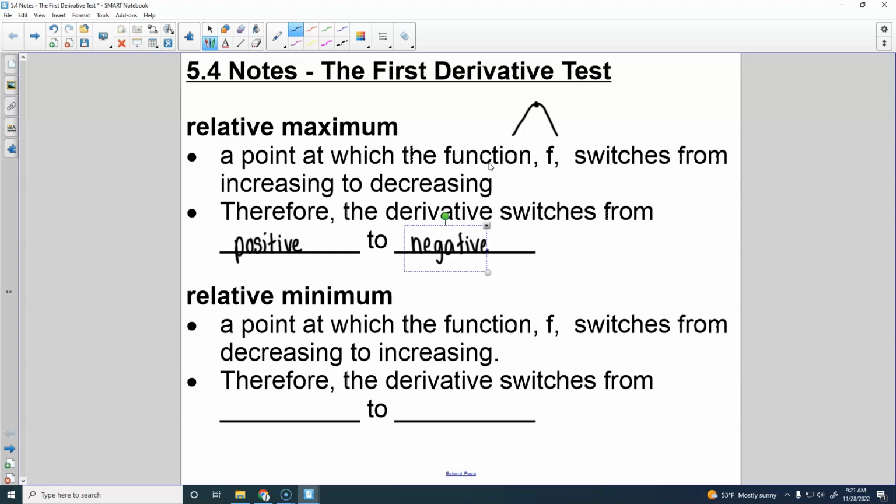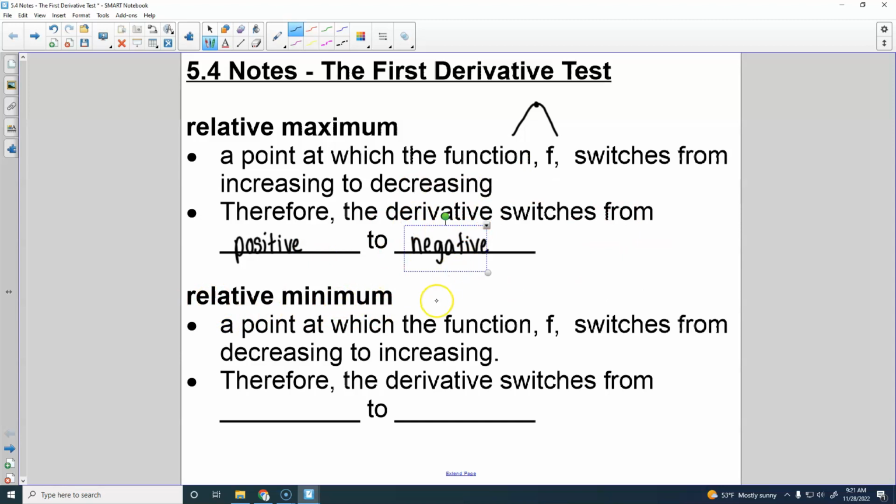So you have to show that the derivative switches from positive to negative. To justify, to prove that there has to be a maximum there, you have to talk about the derivative. If you just answer it talking about f, then it won't be correct.